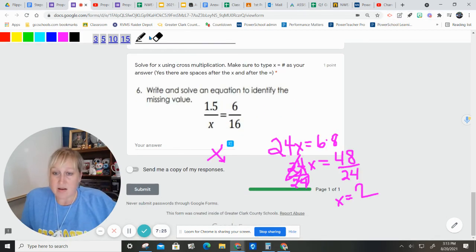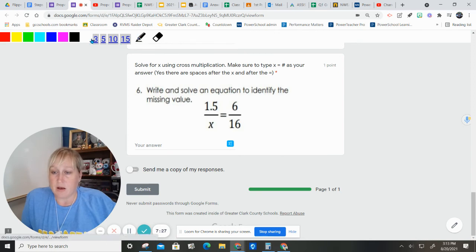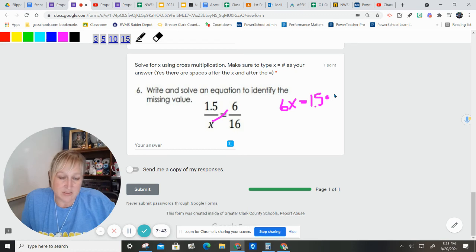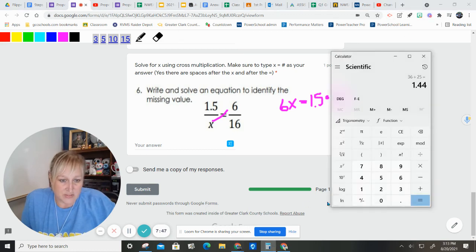We are on the last problem. I want you guys to make sure that you push pause and try this on your own. Sound like a broken record, but you can come back and check your answers. Again, I'm sticking with the x first. So 6 times x equals 1.5 times 16. I am not 100% sure of that answer.